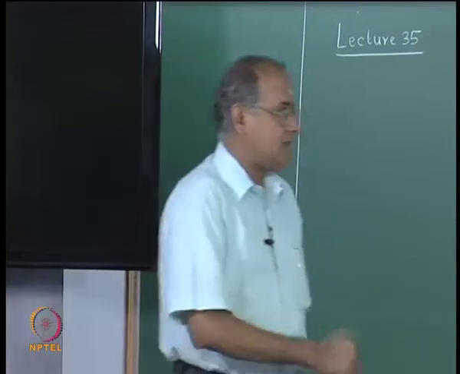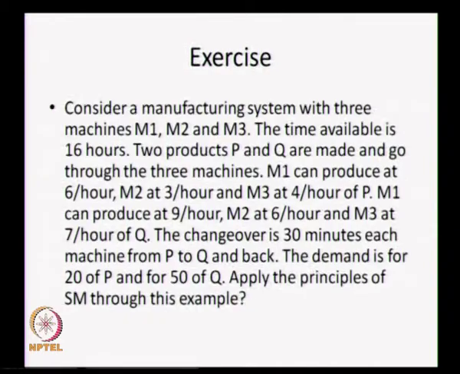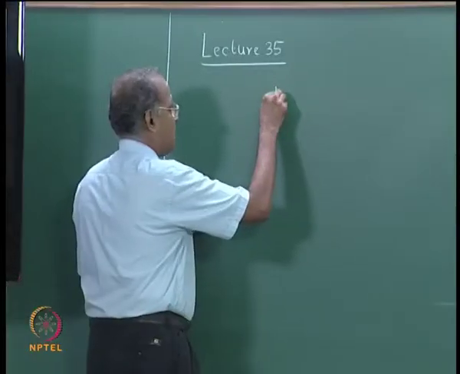Now having seen these principles, we go through an example, which will be like an exercise that helps us understand these principles. Consider a manufacturing system with 3 machines, which we call M1, M2 and M3.